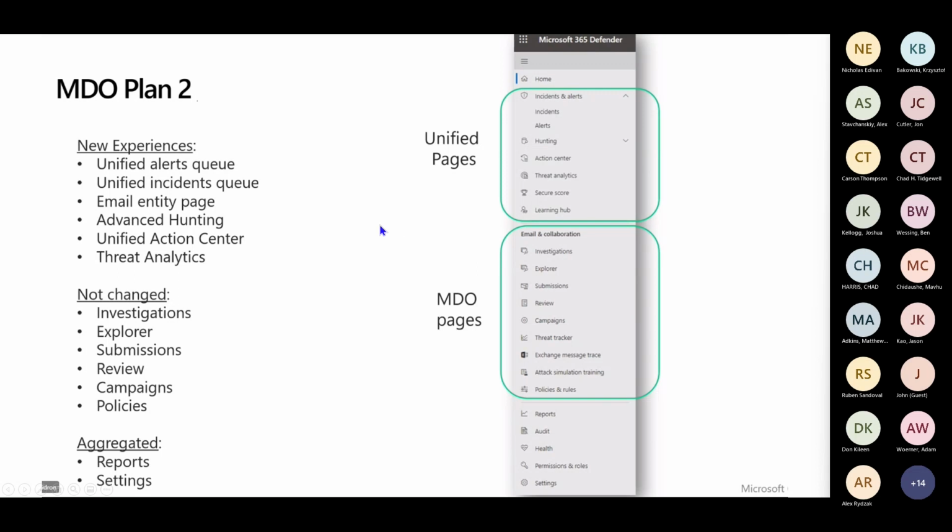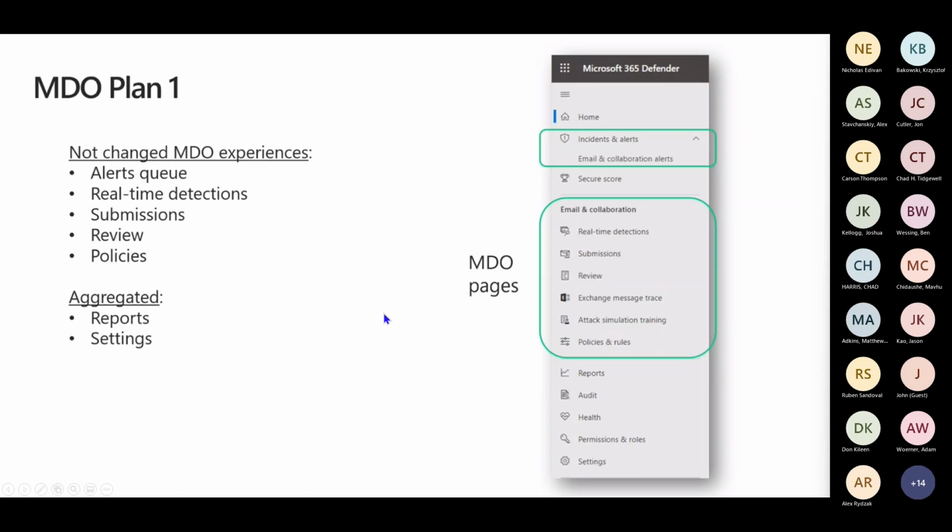And we've already talked about, but just some new experiences. Again, unified alerts queue, unified incident queue, email entity page, all brand new, advanced hunting from a single pane of glass. A lot of customers purchase, they get A3 and then they add MDO Plan 1 on there. So you're going to have no change to the Microsoft Defender for Office experience.